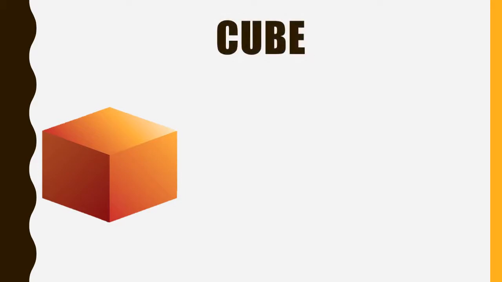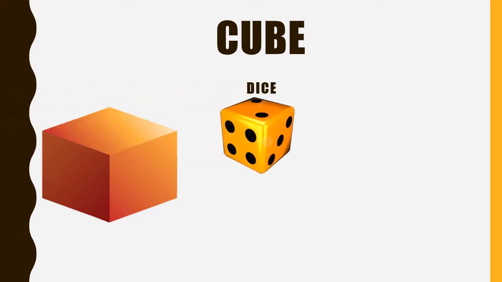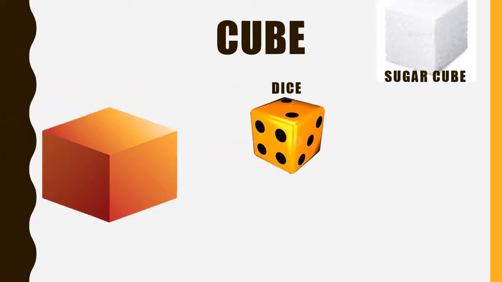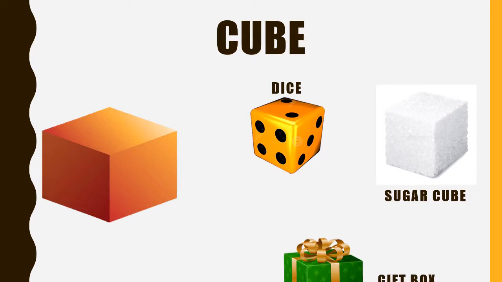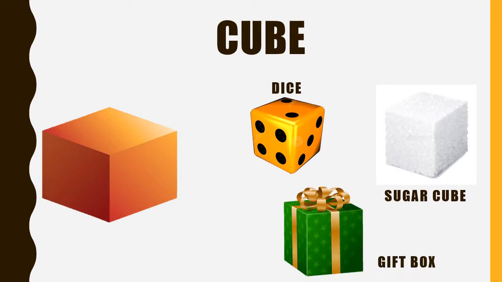If you see all other shapes like a dice, a sugar cube and a gift box, they all look squarish, but they are much thicker than a square. It seems like many squares have come together to form these shapes. I have a dice here.